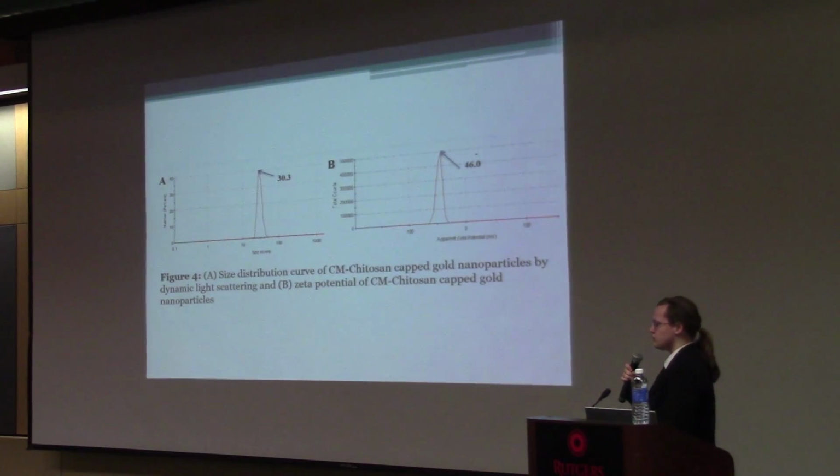The size of 20 to 30 nanometers for gold nanoparticles has been found by many studies to be an ideal size for drug delivery applications. I also looked at the zeta potential of the gold nanoparticles, which was found to be negative 46.0 millivolts, and this slightly negative surface charge of the gold nanoparticles is also characteristic of them.